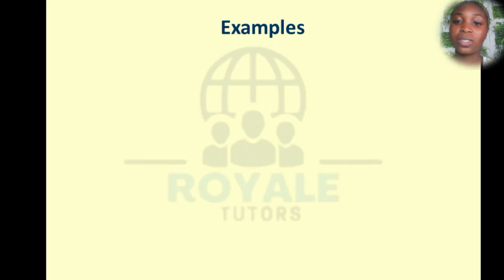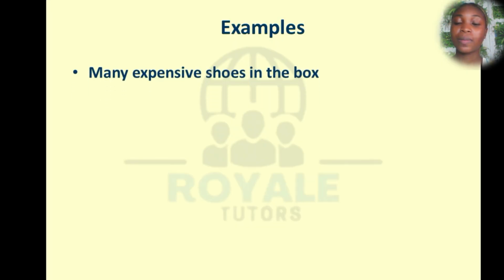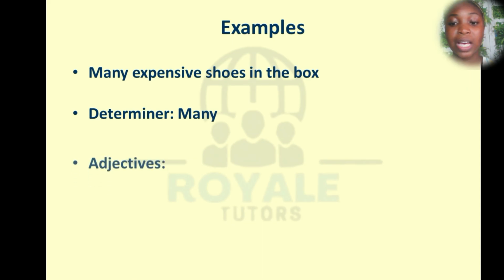Now to the next example. Many expensive shoes in the box. The determiner is many, and this is a quantifier telling us the number. There are many expensive shoes in the box. And then we move on to the adjectives.